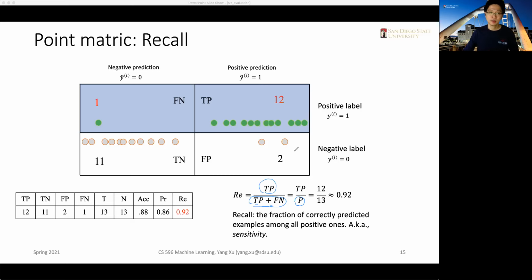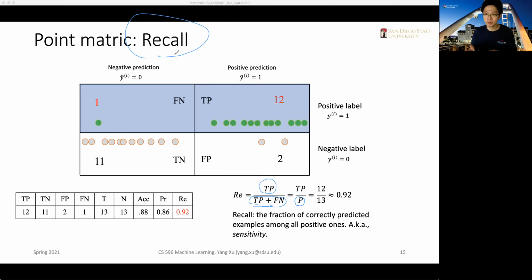So recall and precision are two different concepts. Sometimes we want to improve the recall, so we want to pick up as many positive examples in the data as possible. But the price could be that we are making too many positive predictions. Among our positive predictions, some negative examples are also picked up, which would probably result in a very low precision.